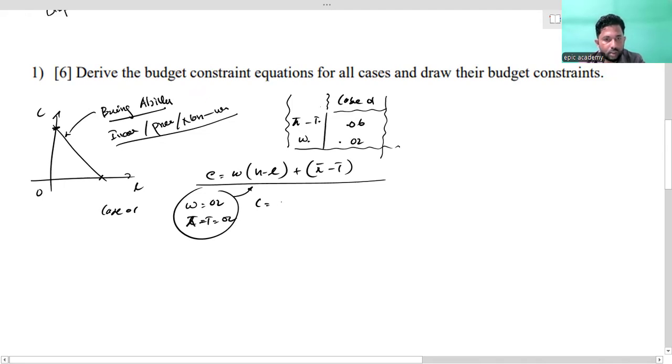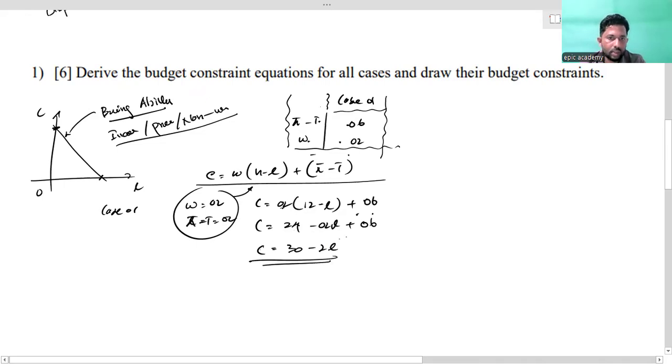W is just 2, and H is 12 minus L, and non-wage income is 6. So C equals 2 times (12 minus L) plus 6, which is 24 minus 2L plus 6, that means 30 minus 2L. So this is the consumption of case number 1.